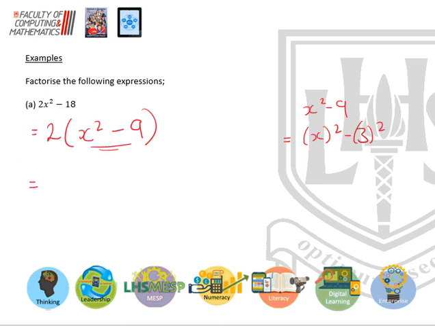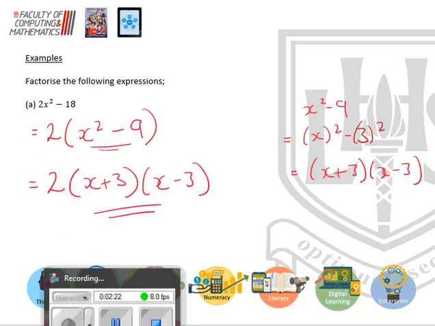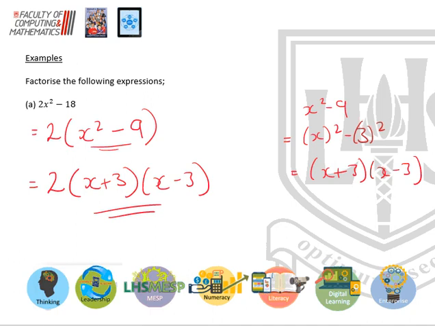So that x squared minus 9 factorises further. It's going to become x plus 3, x minus 3, which means the whole expression, that 2 is not going to magically disappear, is 2, and then in brackets x plus 3, x minus 3. So you can see we had to take two steps here to factorise that properly. Firstly, with the common factor. Secondly, with the difference of two squares.